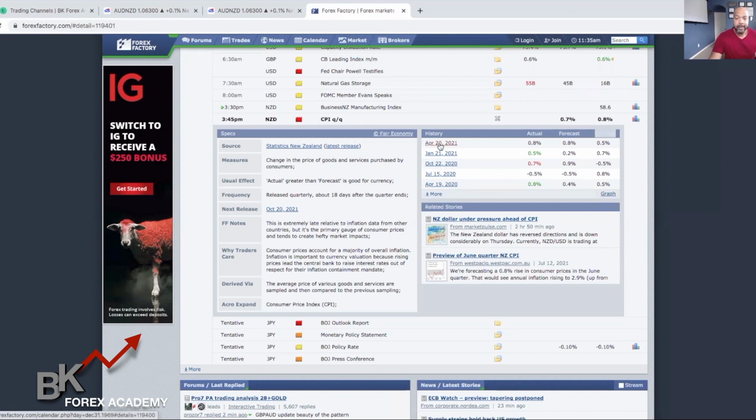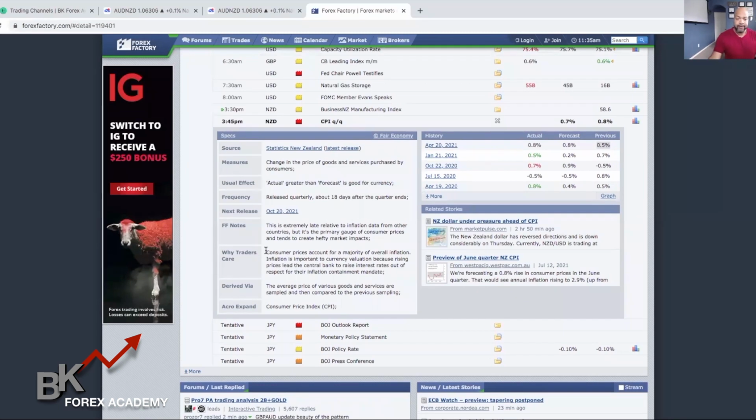Okay. So for April 2021, they forecast that it will rise 0.8%. It actually did rise 0.8%, so they were dead on. And from previous, it rose 0.5%. So you can see how this will affect your interest rates and the way that currency is being traded. It gives us notes.